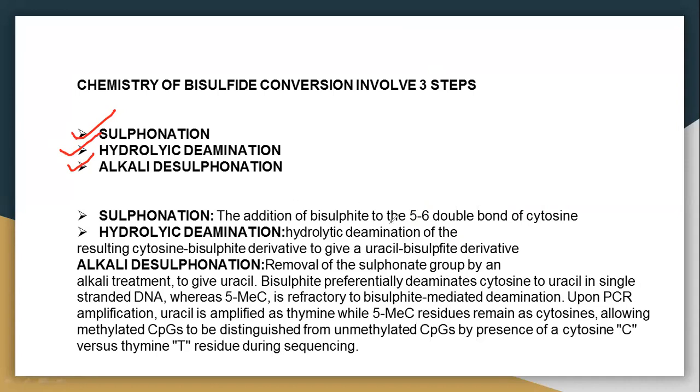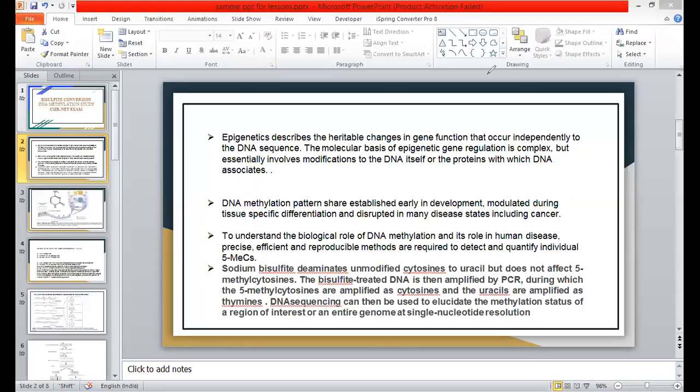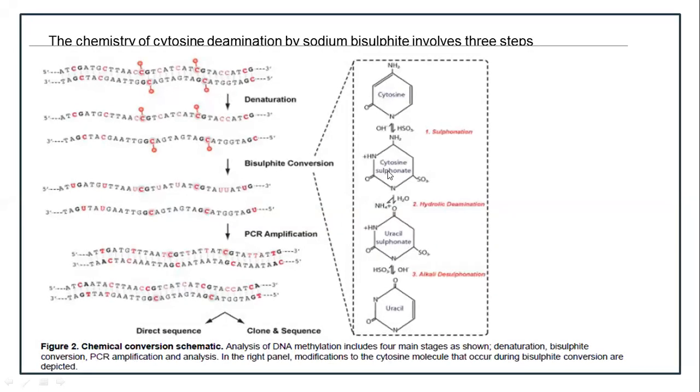The sulfonation step is the addition of bisulfite to the 5,6 double bond of cytosine. First, the DNA is double stranded, and denaturation occurs.